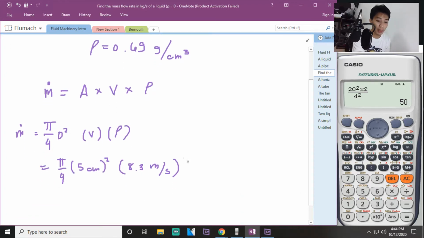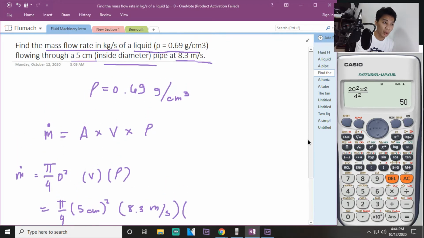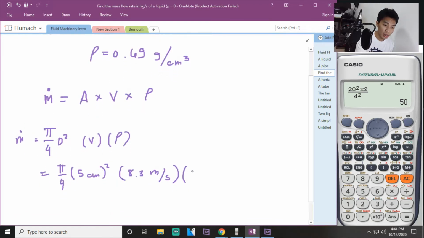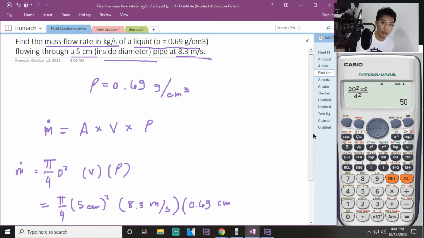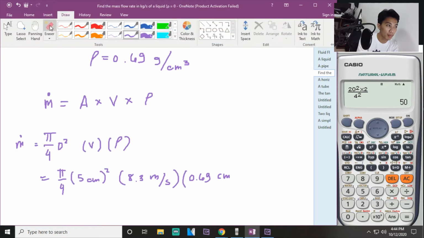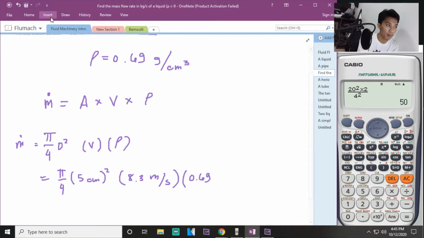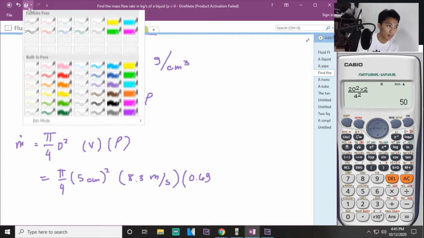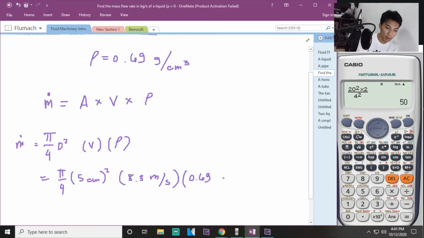Ngayon, i-convert pa ba natin yan? Mamaya na tayo mag-convert pag nailista na natin lahat. Tapos ang density, 0.69 gram per cm cubed.